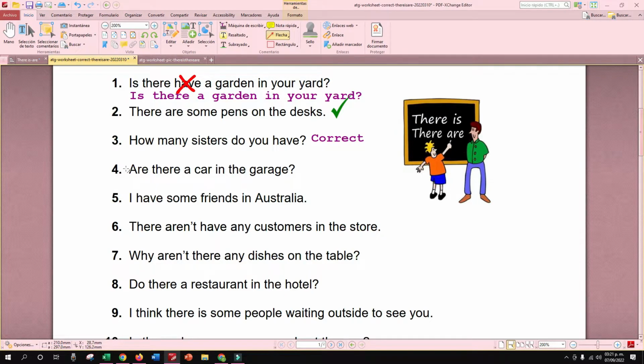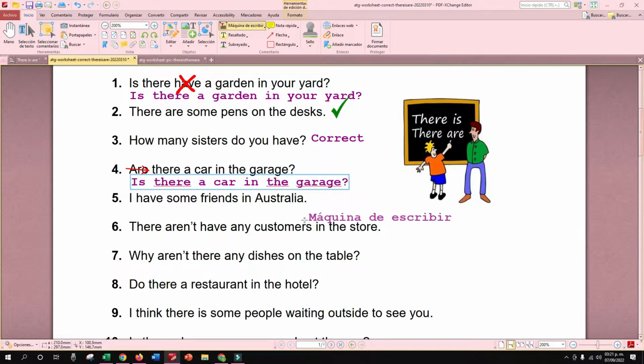Entonces, which is the mistake? Are. Yes. Is there? Perfect, girl. Is there a car in the garage? Good. Excellent. So, is there a car in the garage?